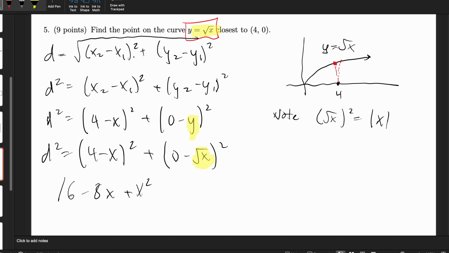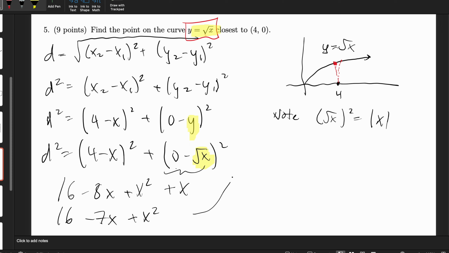But since I know x is positive, right? X has to be positive since it's on this graph. It's just going to be x. So this is plus x. All right, good. So this became plus x. And this is equal to 16 minus 7x plus x squared.